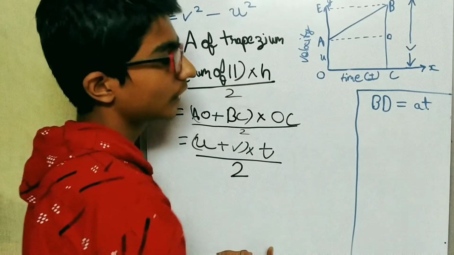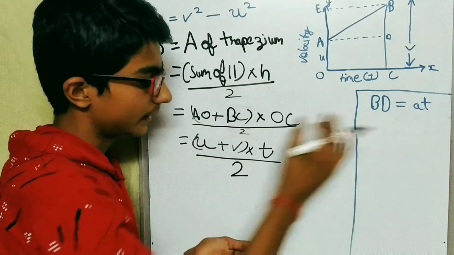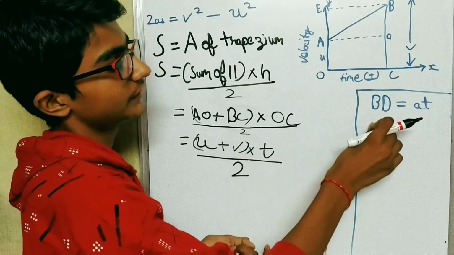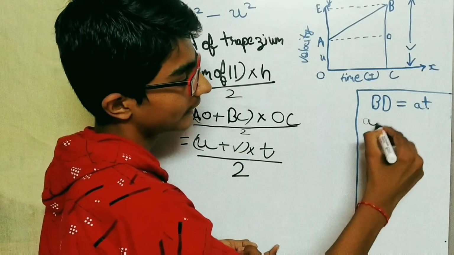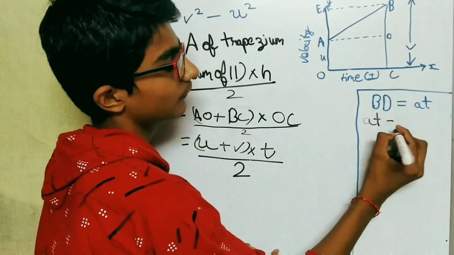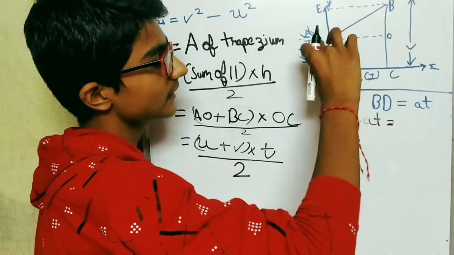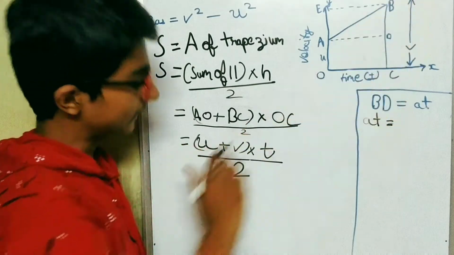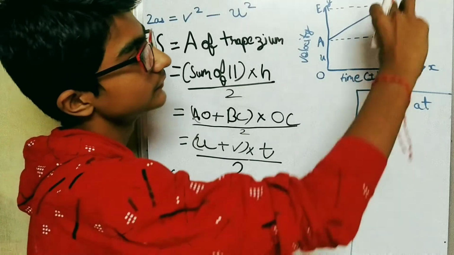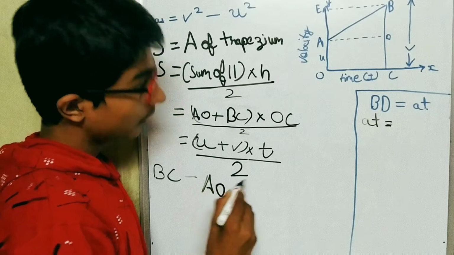So now what we are going to do is that BD is equal to at. We have to find t. So see, BD is equal to at. Now what is BD? BD is BC minus AO.